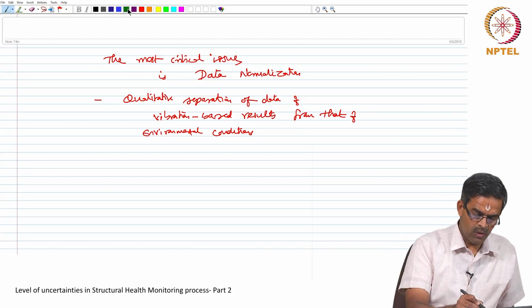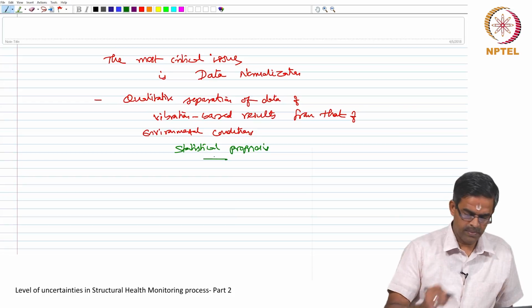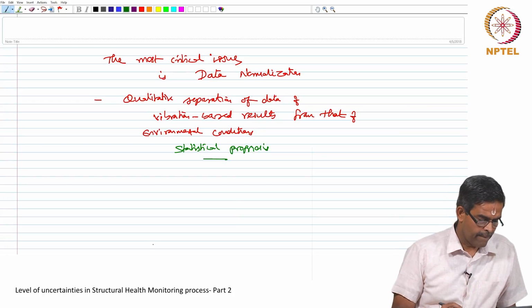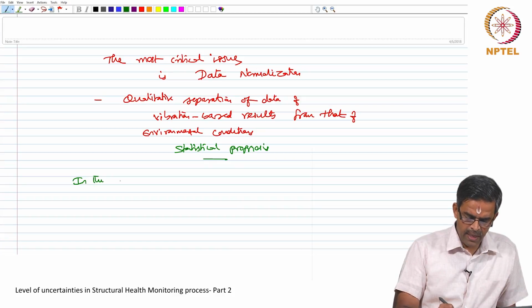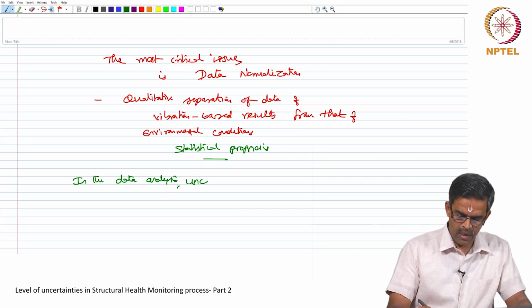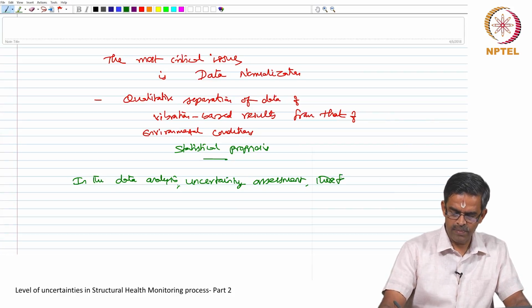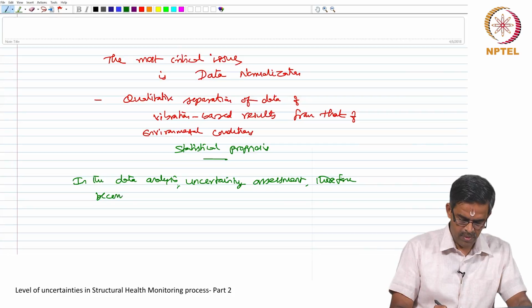So, we should do what is called statistical prognosis. In the data analysis, uncertainty assessment therefore becomes very important and critical.